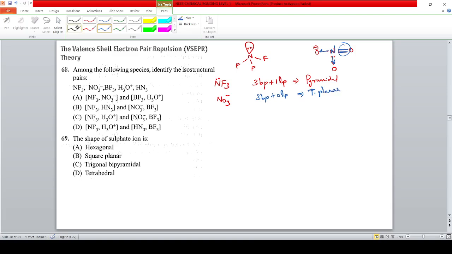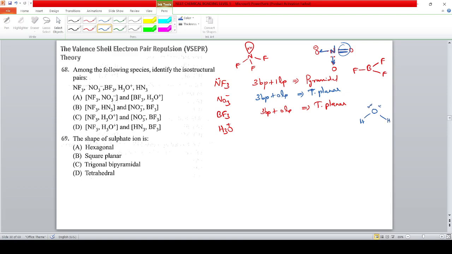Trigonal planar. Then, BF3. Sir, boron has 3 valence electrons. So the 3 electrons are shared for 3 fluorine atoms. So exactly 3 bond pair, 0 lone pair. So it is also trigonal planar. Then H3O plus. Sir, oxygen.